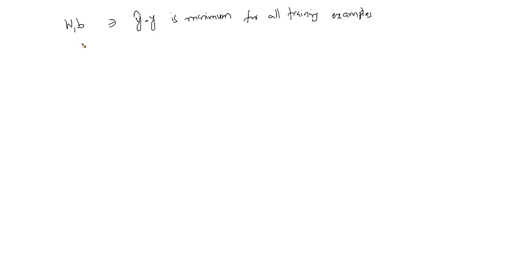Let's say you have a training set like x1 y1, x2 y2, up to xm ym. So there are m data points in the training set, and our goal is to make sure that for every data point this is minimal, or in other words, the average of y minus y hat over all m examples is minimum.